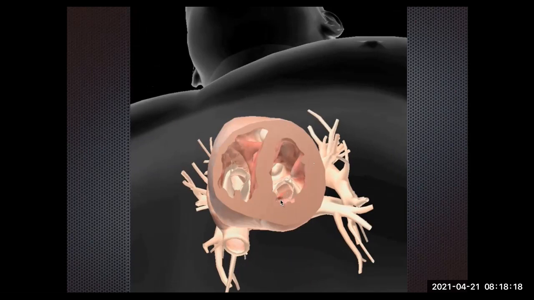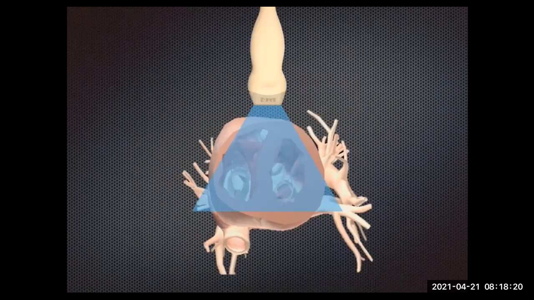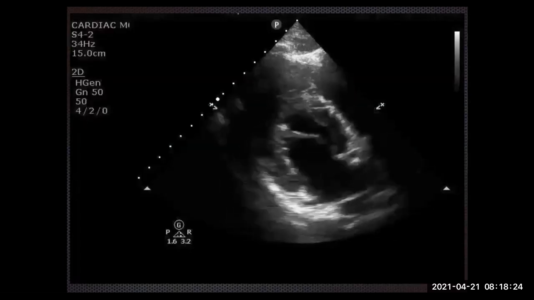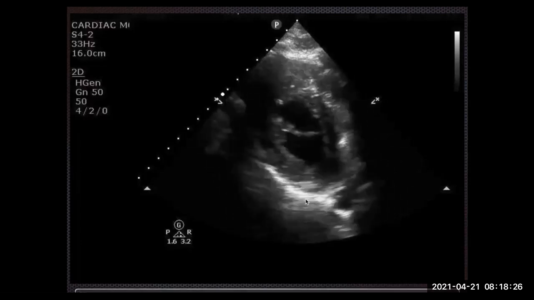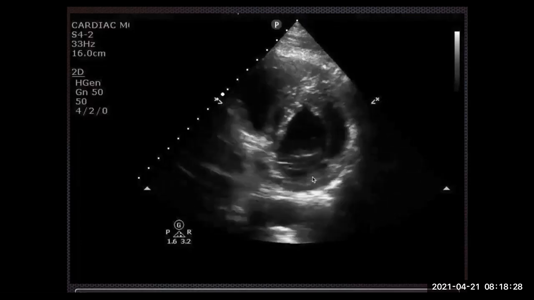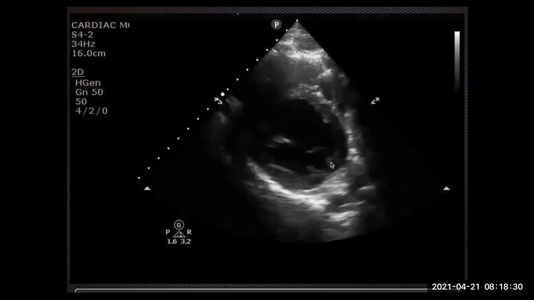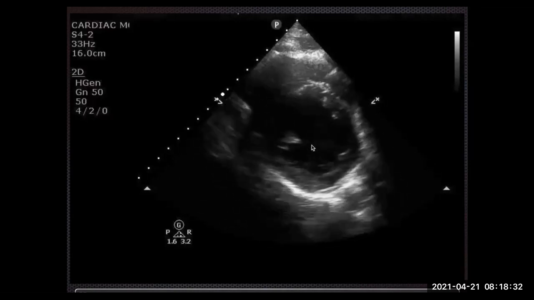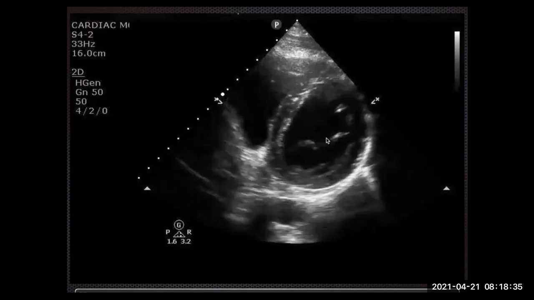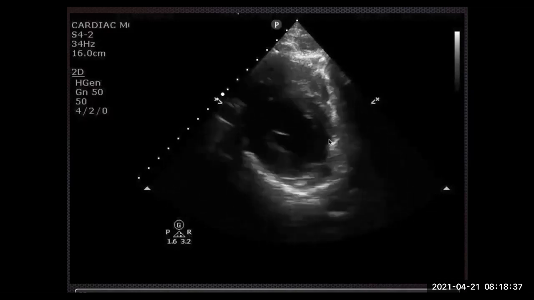I didn't really catch the second one here, but you kind of get the idea. So that's the image that we are going to obtain on ultrasound. And here you can see that we went from parasternal long axis to parasternal short, and then rotating, and then you get the mitral valve in view right there.